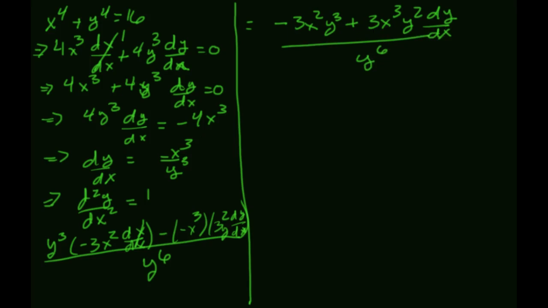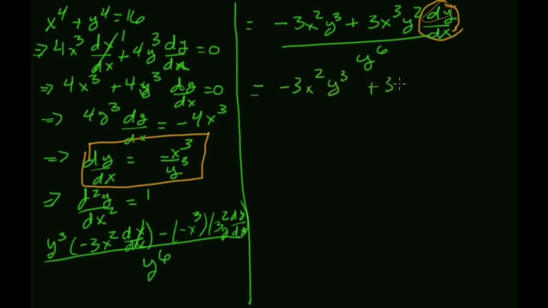But here's the key. This we know that dy/dx is this, right? So we can make a substitution there. So this is going to give me negative 3x squared y cubed plus 3x cubed y squared times negative x cubed over y cubed, all over y to the 6th.